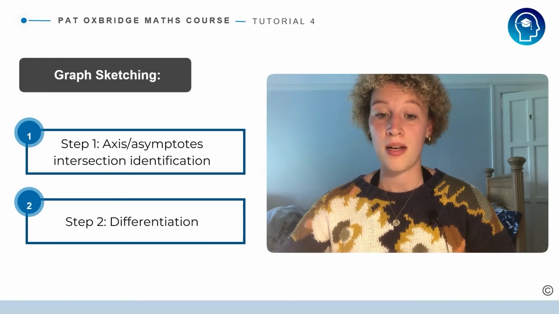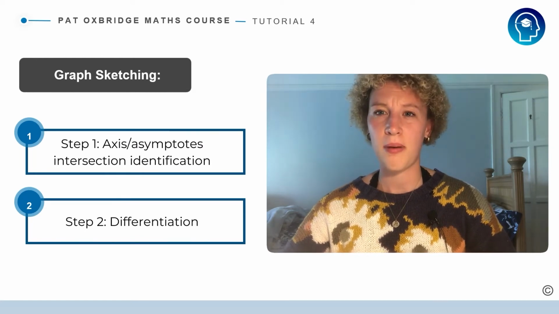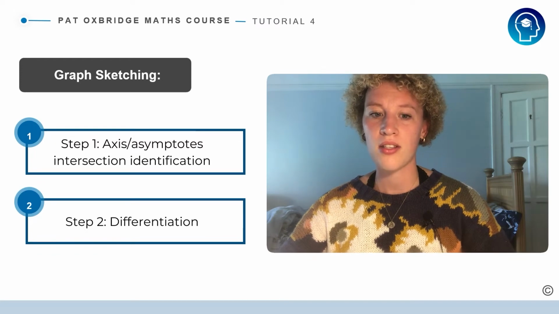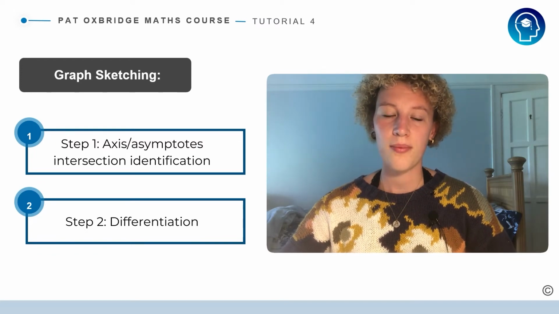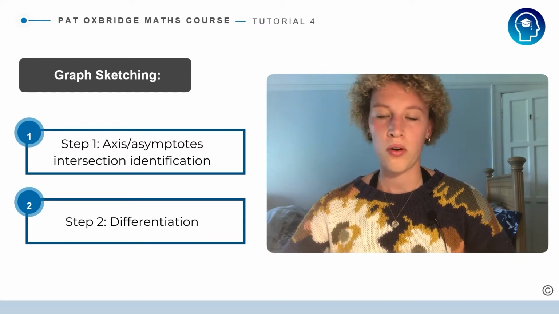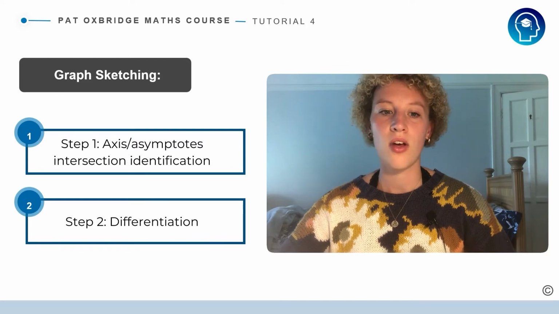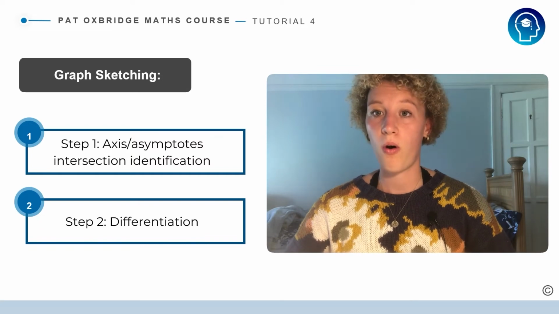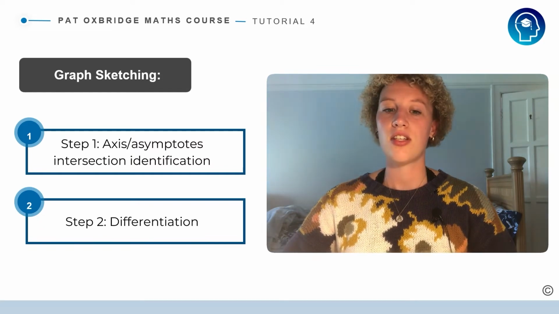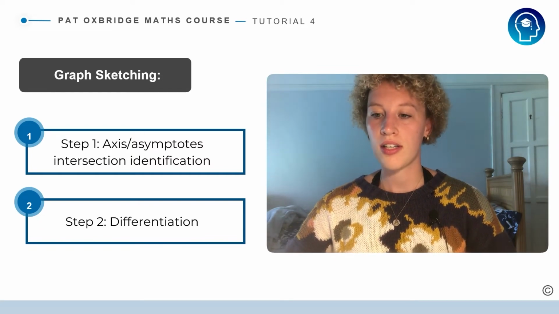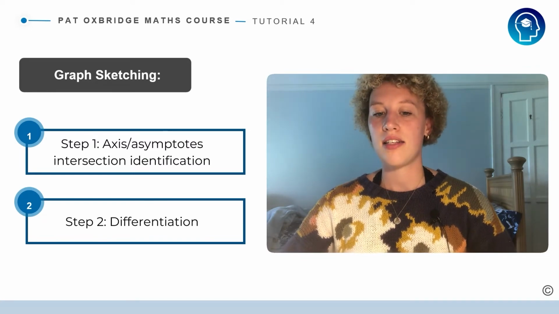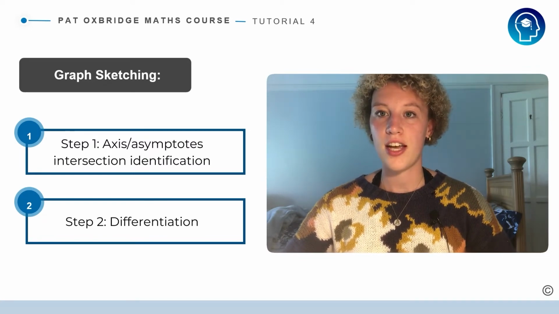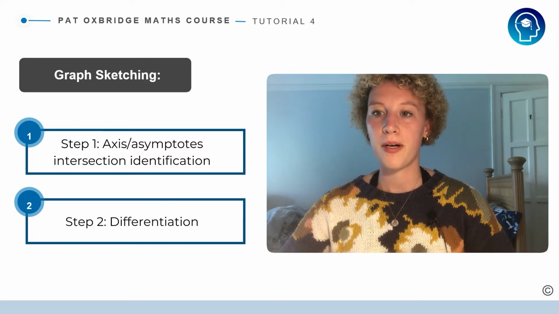I recommend sketching x to the power of x, x to the minus x, and also just practicing the normal ones like 1 over x, 1 over x squared, or logarithms as well, e to the power of something. And just remember to look at those intersections and asymptotes and differentiate it for maxima and minima.